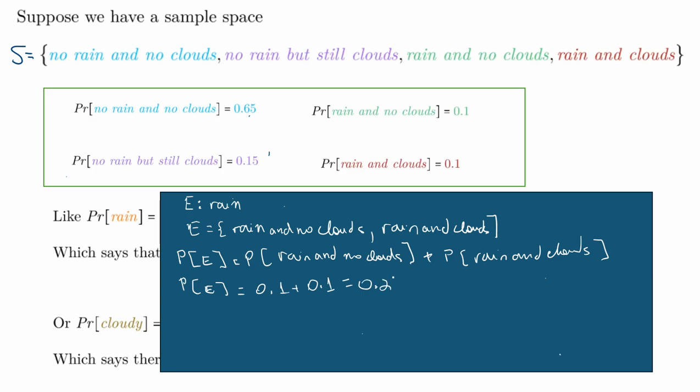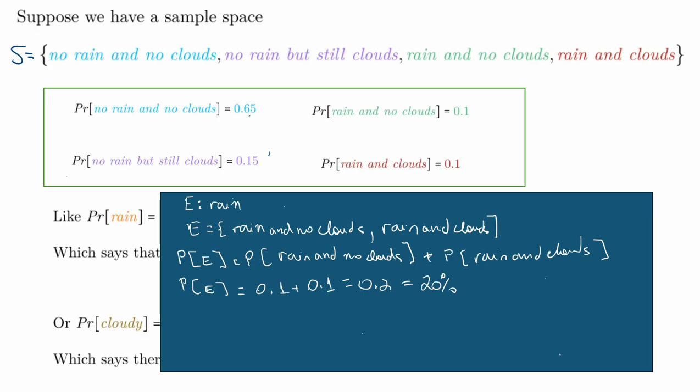So this is 0.2 or 20%. Okay? So we're just recapping the last property. If your event regards rain, and rain has two outcomes, just sum up the probability of the individual outcomes. Okay?